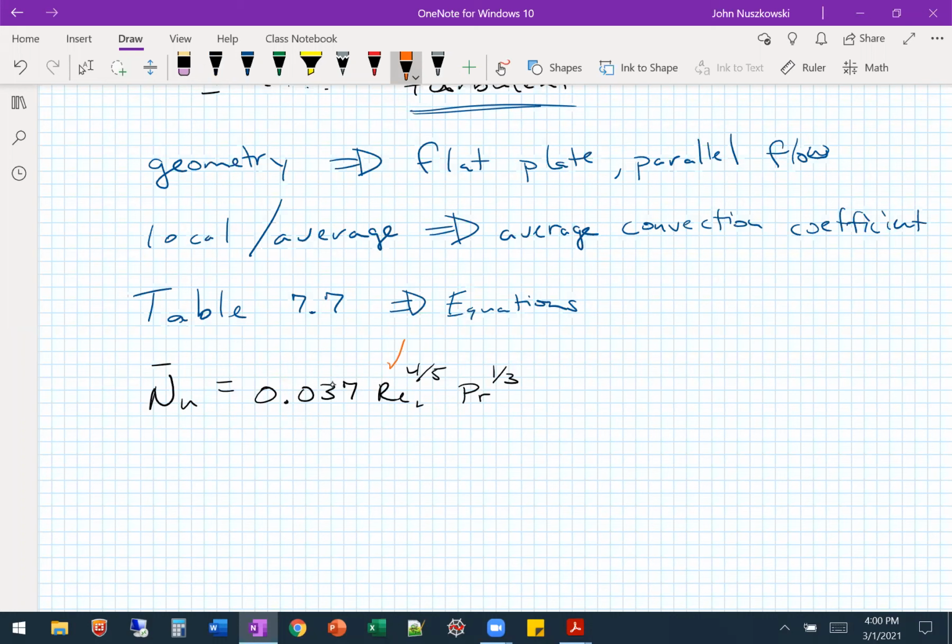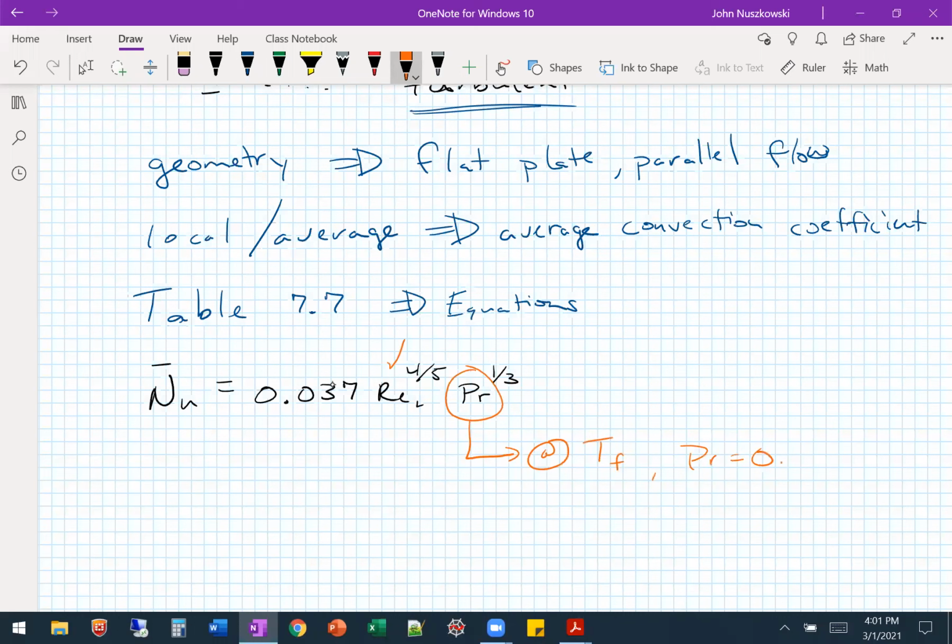Where do we get Prandtl number? Any ideas? So we also just get it at T_F and go into our appendices.